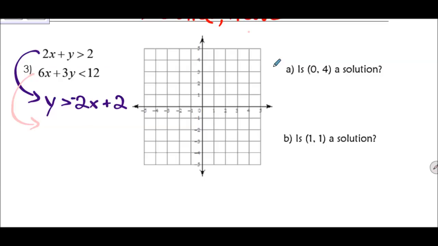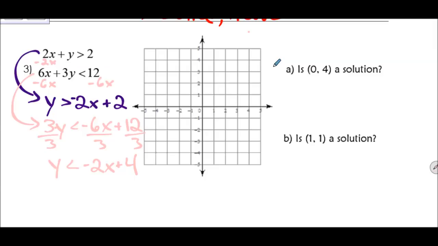I have to subtract the 6x over just like I did with this minus 2x. And I have one more step after that. I get 3y is less than -6x plus 12. And here I'm going to divide by 3 to cancel out this multiplication. So y is less than -2x plus 4.